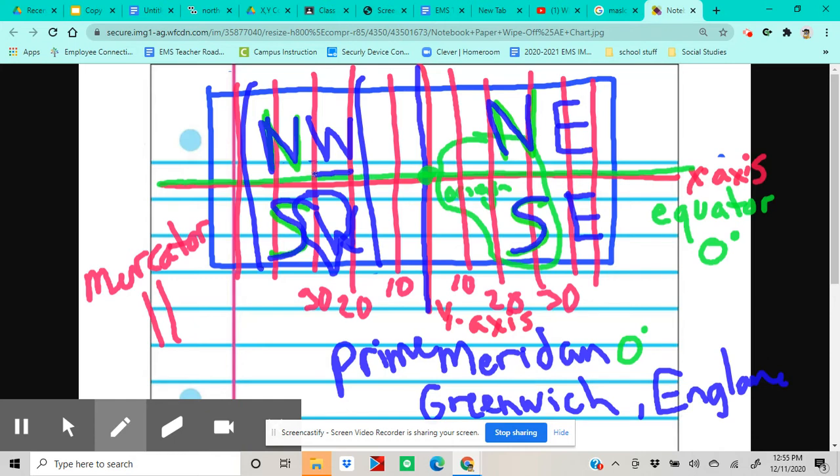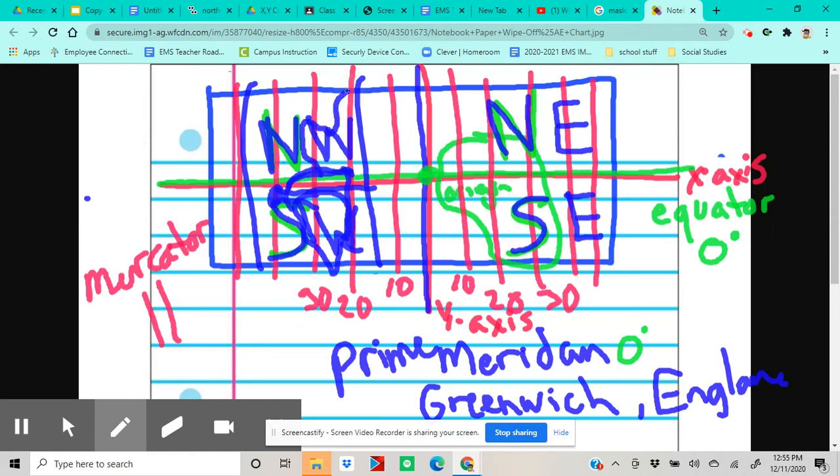Now, dear children, there is a little glitch to that idea because this is a continent and some of the continent is actually above the equator. In fact, the equator goes through a country called Ecuador. But we're not going to concern ourselves with that right now. But just be aware.